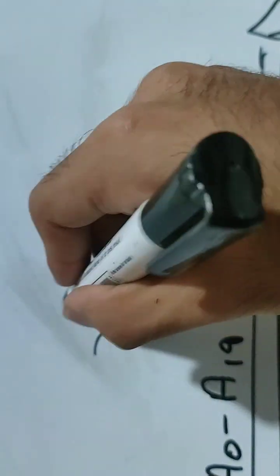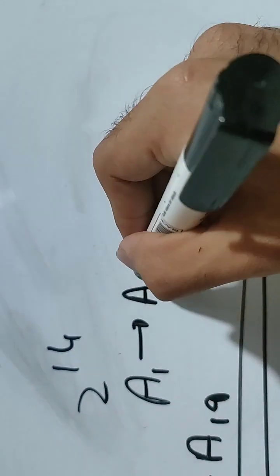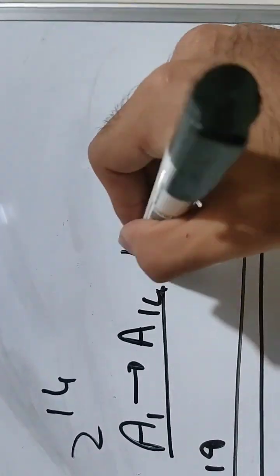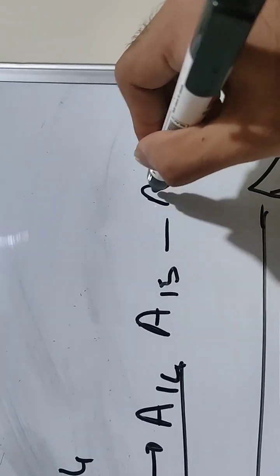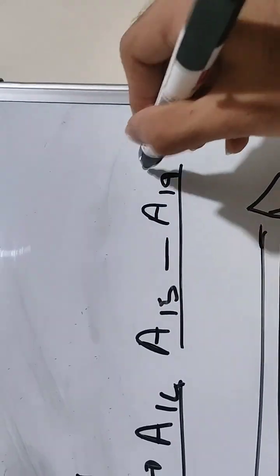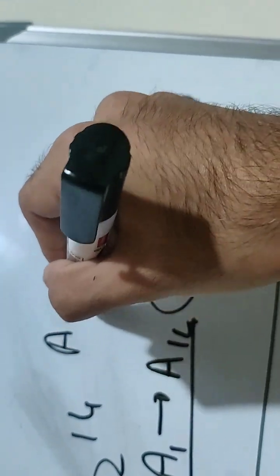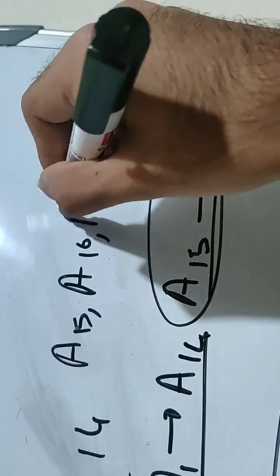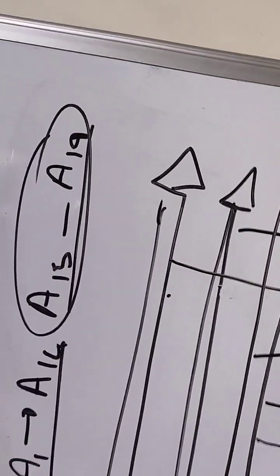Now, if you remember, we had 2 raised to 14. So we had address line 1 to address line 14 used. So we still have address line 15 to address line 19 vacant. We need only 3 address lines, so we'll be taking 15, 16, 17. We can take any 3 to be honest, but if we take 3 consecutive ones it's better, no other reason.